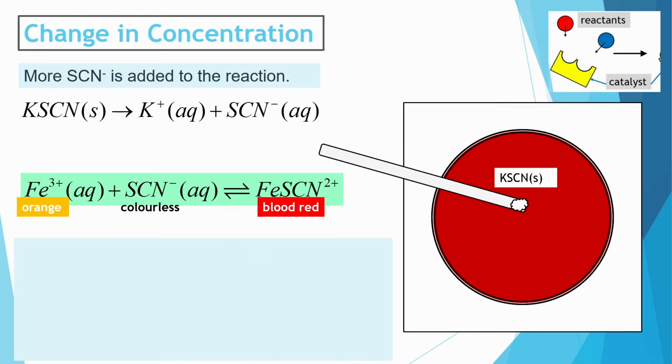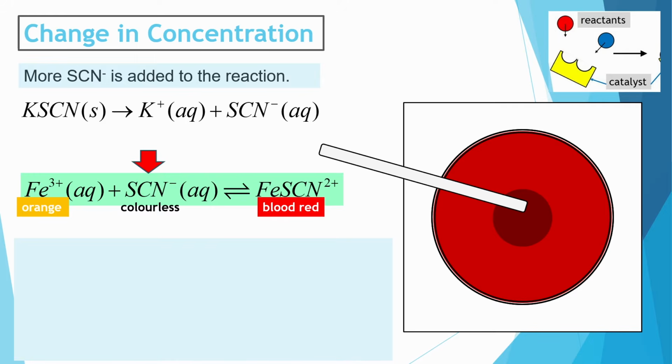Let's have a look. If I add more SCN-, by adding potassium SCN, the solution is going to go more red.